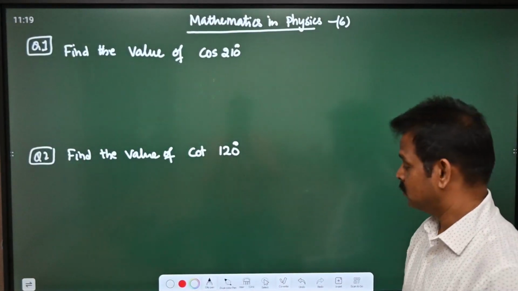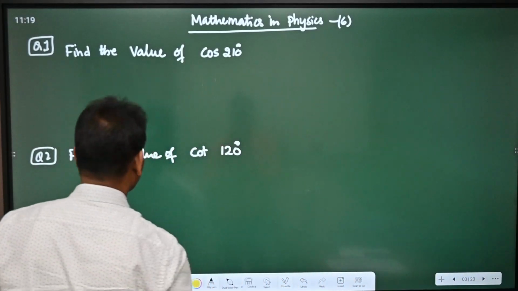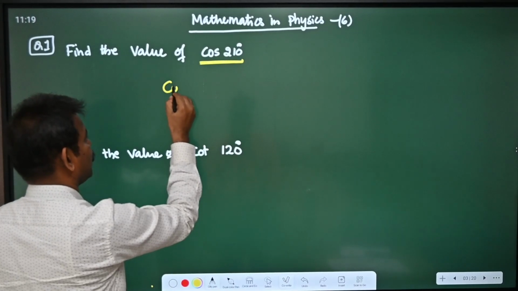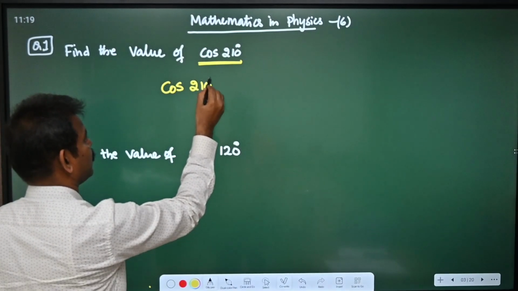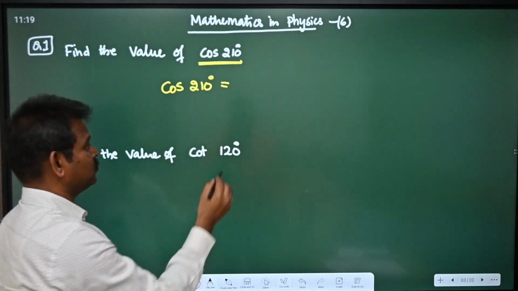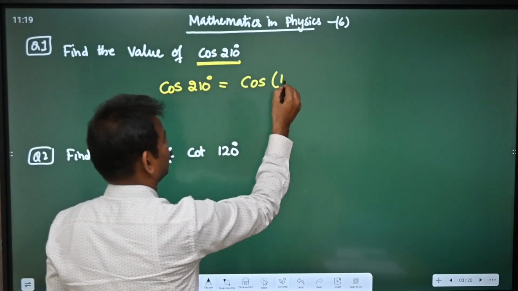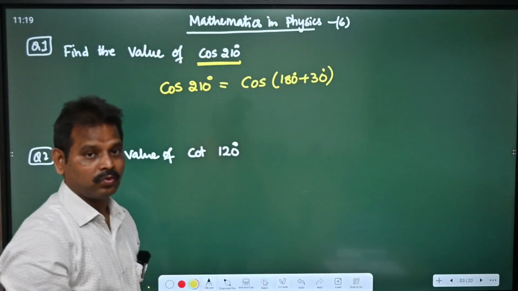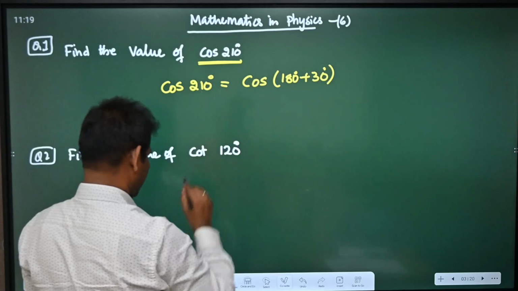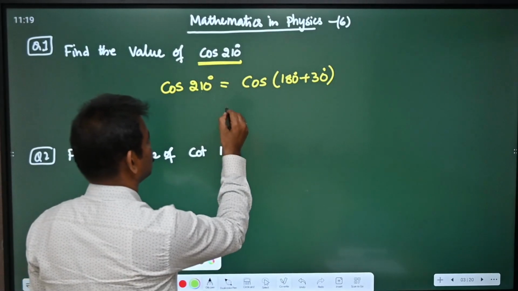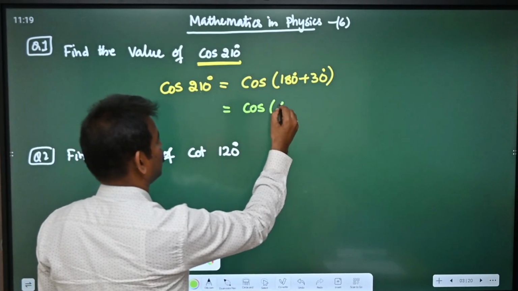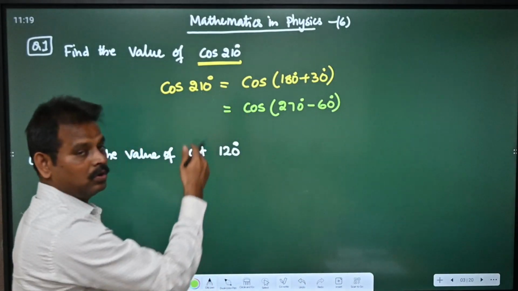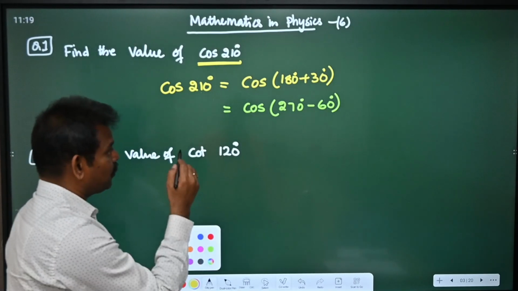Two more problems. The first one, find the value of cos 210. Cos of 210 degrees, you can write this as, students, cos of 180 plus 30 degrees. That is one method. One more possible method is that this can also be written as cos of 270 minus 60 degrees. 270 minus 60 is also 210. First we will see the first value.